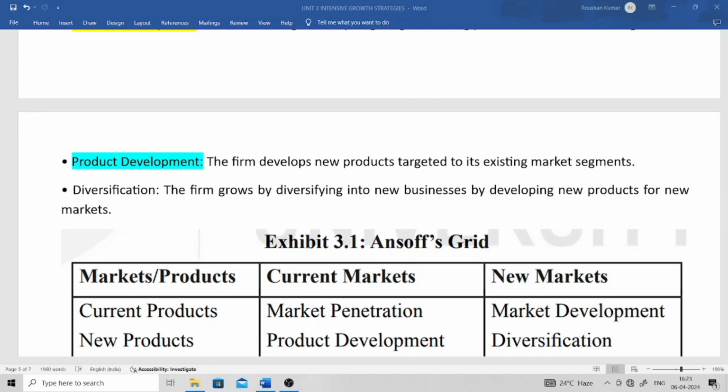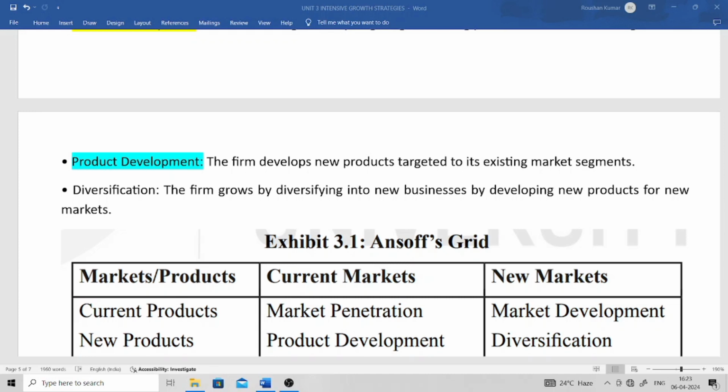It means for its current market, new products are being developed. You can say the firm remains in its present markets but develops new products for this market. So that's all about the product development strategy.